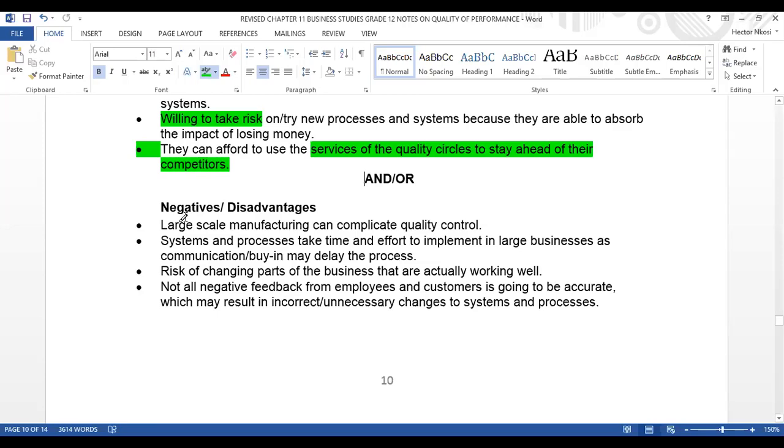The last point on the negatives for large businesses is that not all negative feedback from employees and customers is going to be accurate, right? Very, very important, this point. Not all negative feedback from employees and customers is going to be accurate, which may result in incorrect or unnecessary changes to the systems and processes.